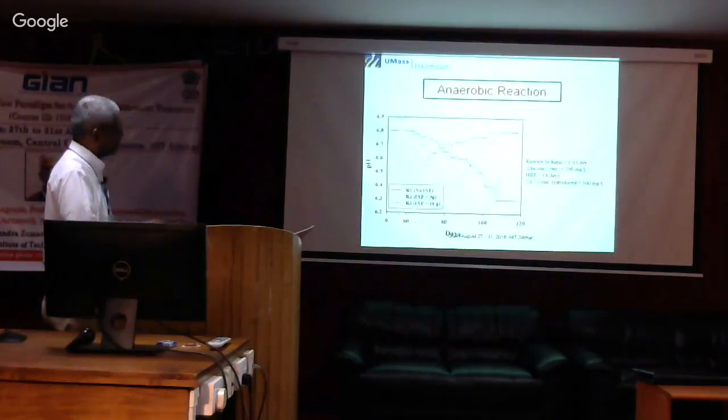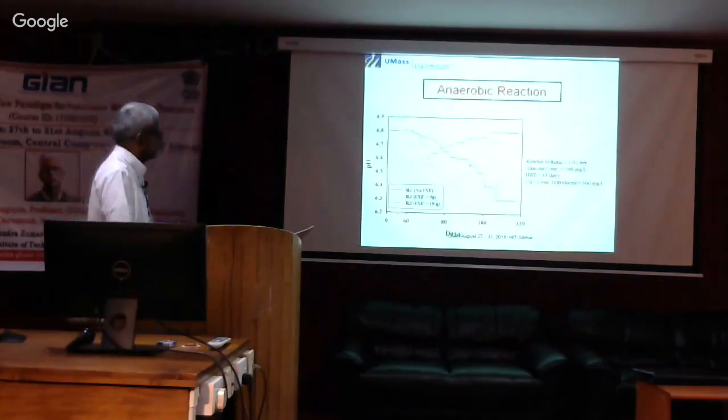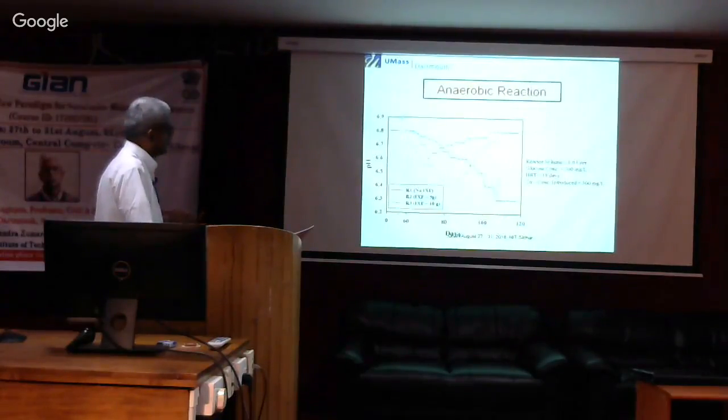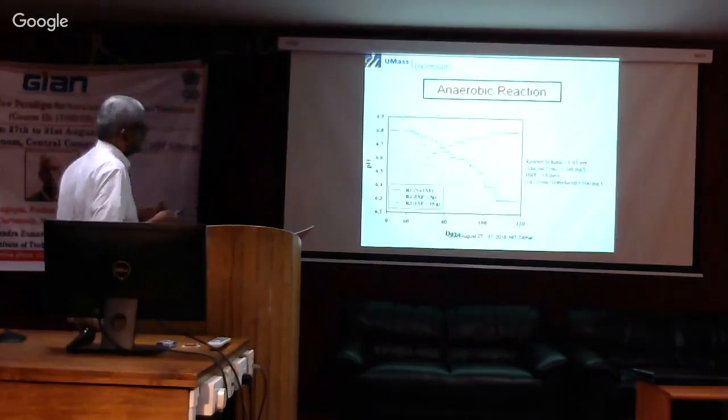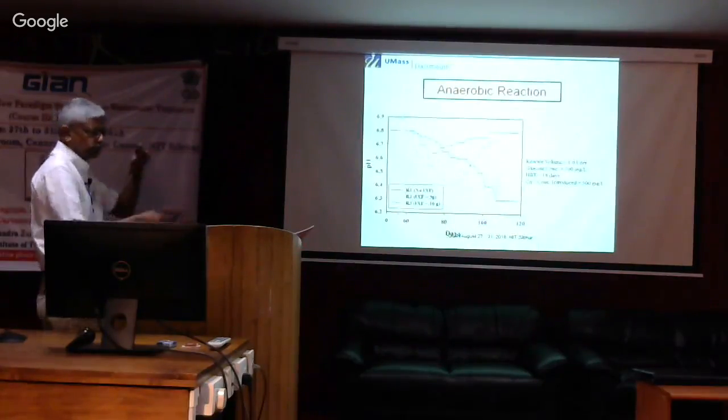But if you put in more material, then it is able to stabilize itself much faster, because this one happens at 80 days, this one happens at 60, whatever, 65 days. So the idea seems to be working. And the other part is, of course, the pH drop is also much less.